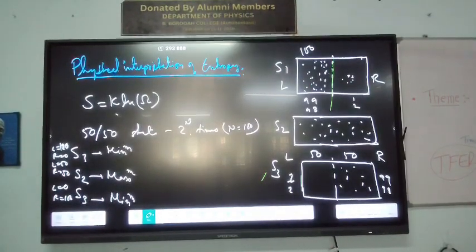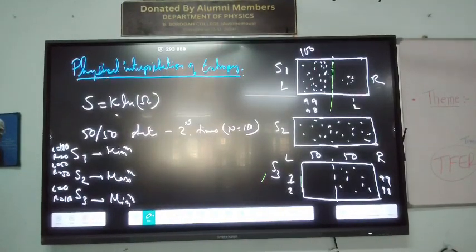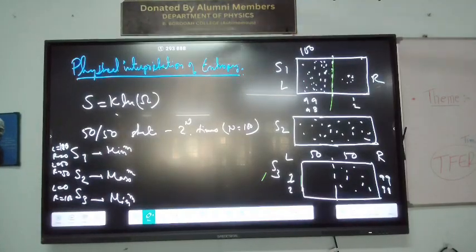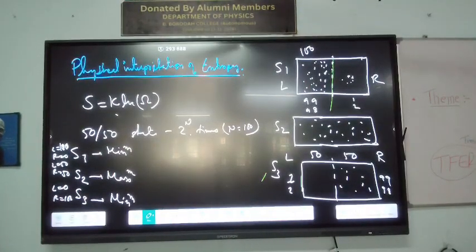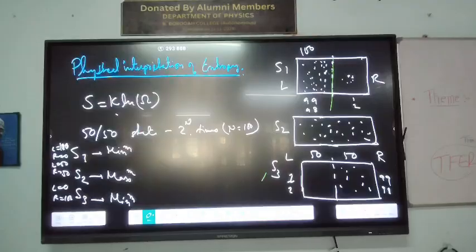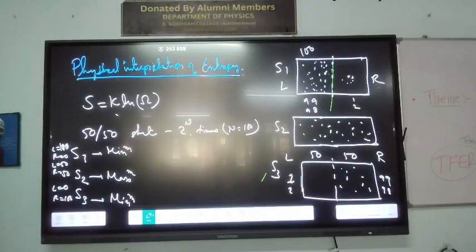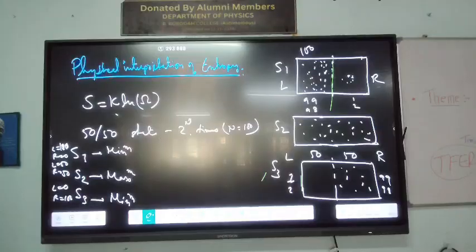In S1, all molecules are situated in the left side. In S3, all molecules are situated on the right side. But in S2, the molecules are distributed among the whole.